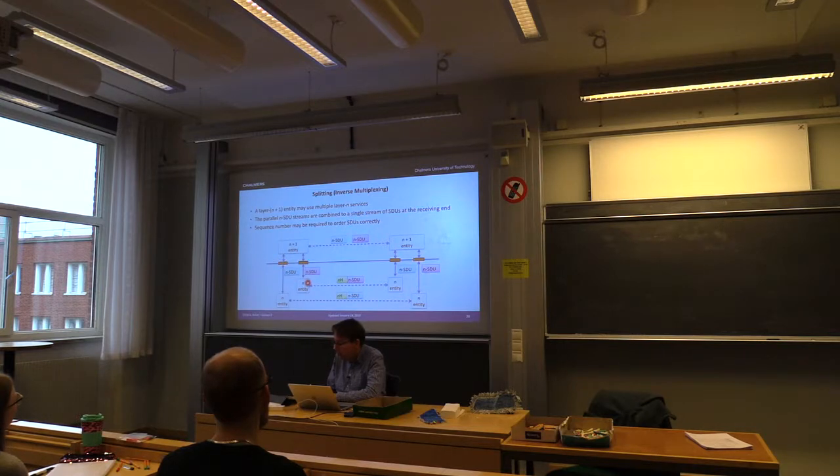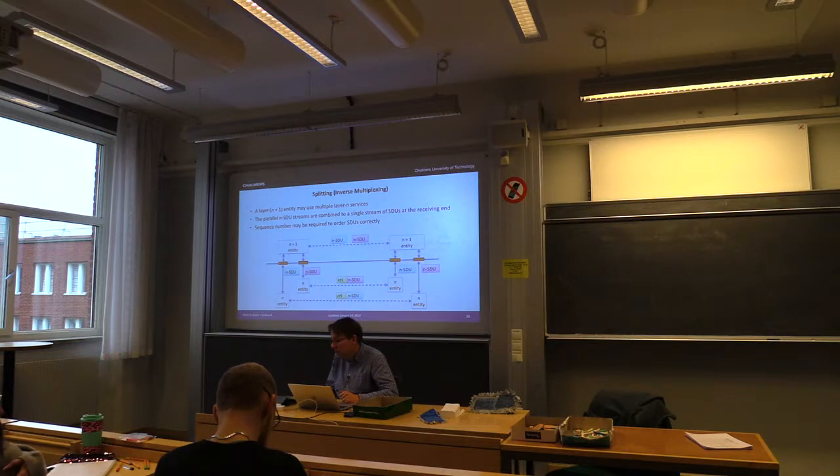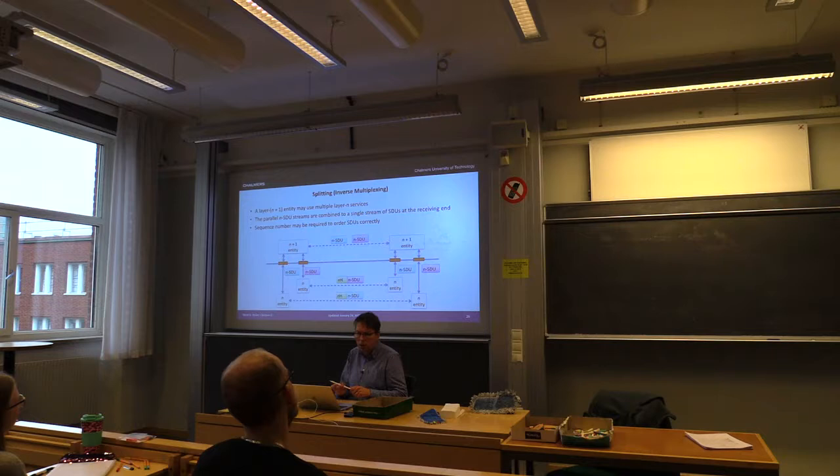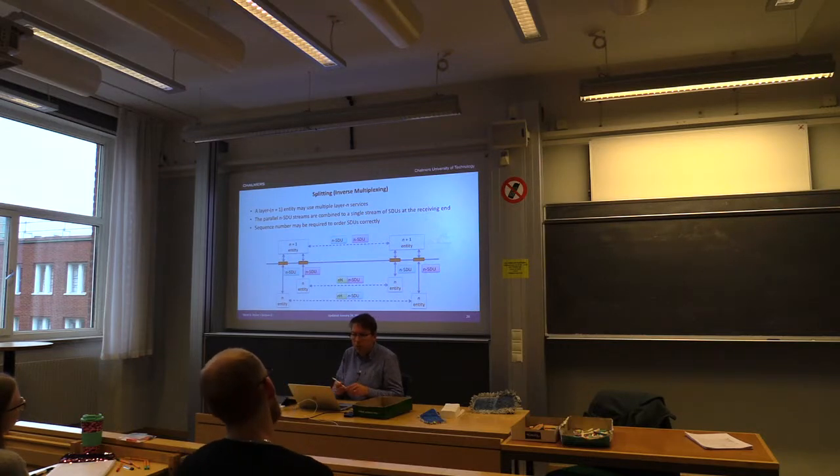When this is pushed down, it can be pushed down to two different protocols. This is done maybe to get higher data rates, because maybe the data rate over this link is limited to, say, 1 megabit per second, and maybe this is limited to 1 megabit per second, but then this one can get 2 megabits per second by using two parallel paths like this. So this is called splitting, or inverse multiplexing.